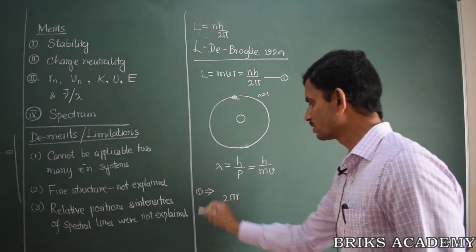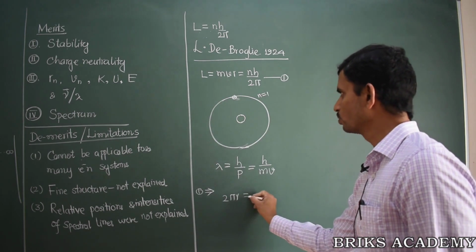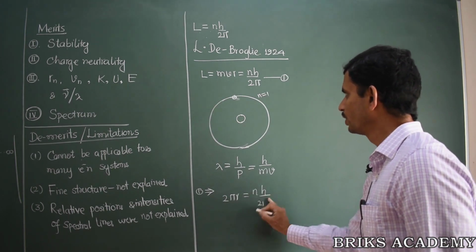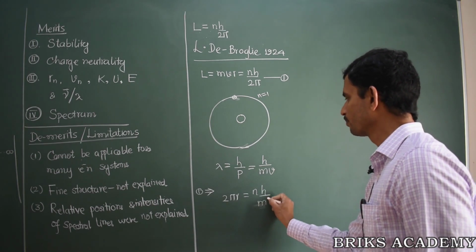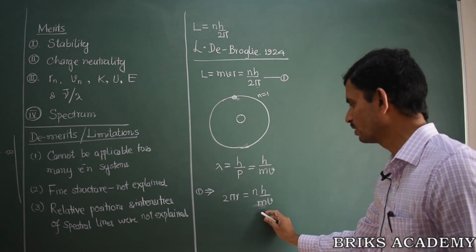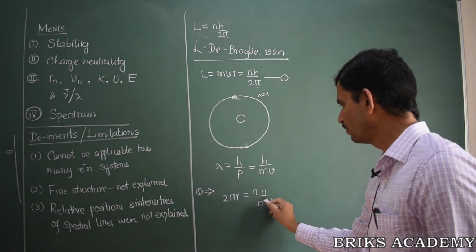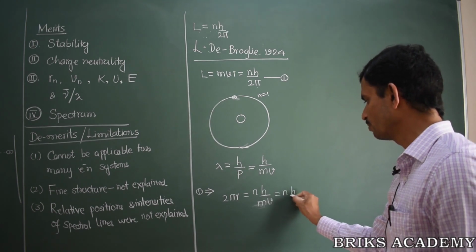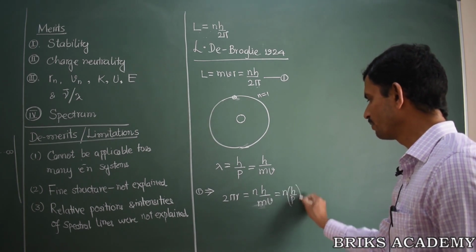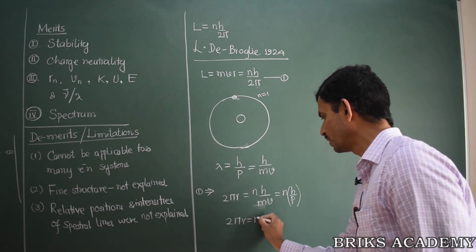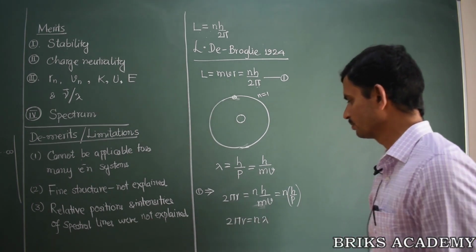Equation 1 is giving us 2πr = nh/mv. 2π is shifted to the numerator, mv is shifted to the denominator on the other side. Now you see, mv is nothing but p again. It becomes n times h/p, where h/p is the wavelength. Therefore, 2πr is equal to n times the wavelength, from de Broglie's theory.